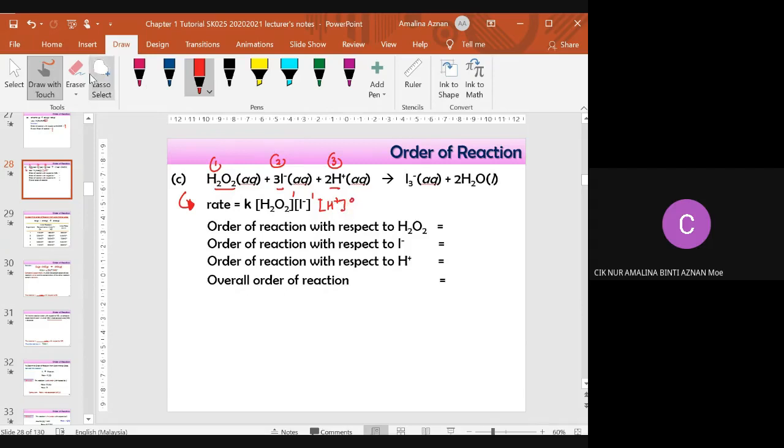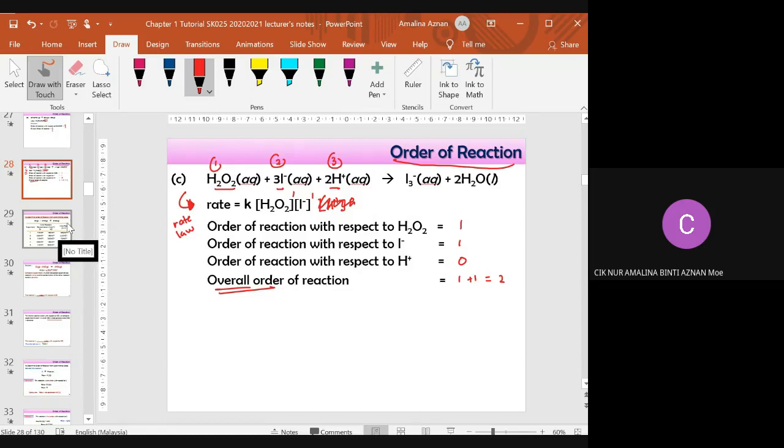So sebab tu kita tak tulis. Okay. So order, first order, 0. So overall hasil tambah 1 tambah 1 dapat 2. Right? So itu caranya kita nak tentukan order of direction if you are given with rate law. So daripada this rate law expression, kamu boleh tentukan order of direction ataupun overall order for direction.